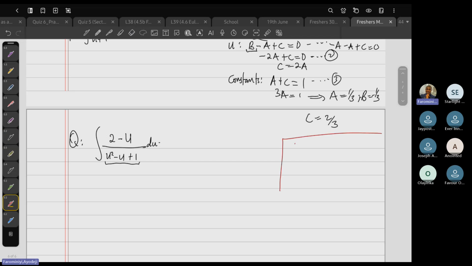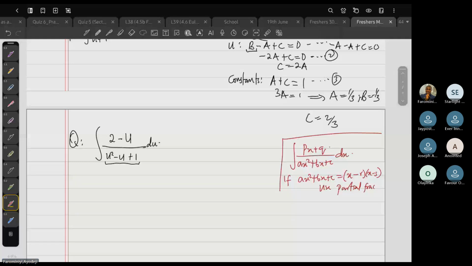Anytime you have the integral of px plus q over ax squared plus bx plus c: if ax squared plus bx plus c can be factorized as x minus r times x minus s, you use partial fractions. If it cannot be factorized, but its derivative is a multiple or submultiple of the numerator, then use u substitution.